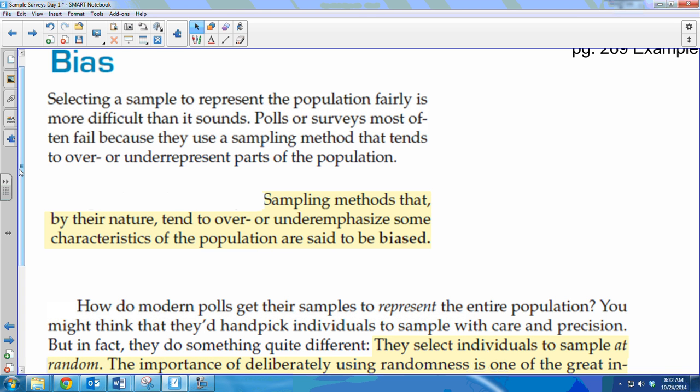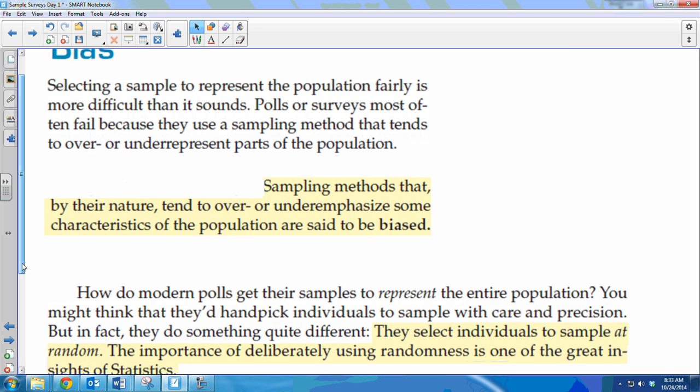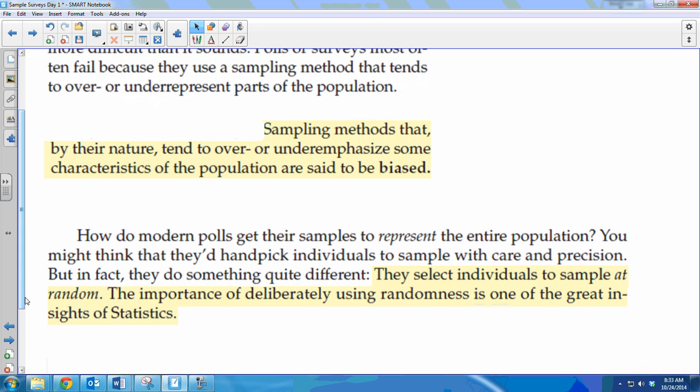Or it could be biased because you're only asking a certain group of people. But it could also be biased just because the sample that you chose wasn't great. So if you somehow over- or underemphasize the characteristics of a population, that's the definition of bias.